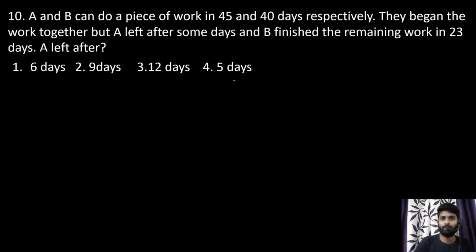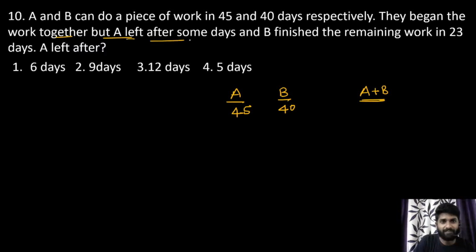A and B can do the work in 45 days and 40 days. A does it in 45 days, B does it in 40 days. They begin the work together, which means A and B are working together. But A left after some days.